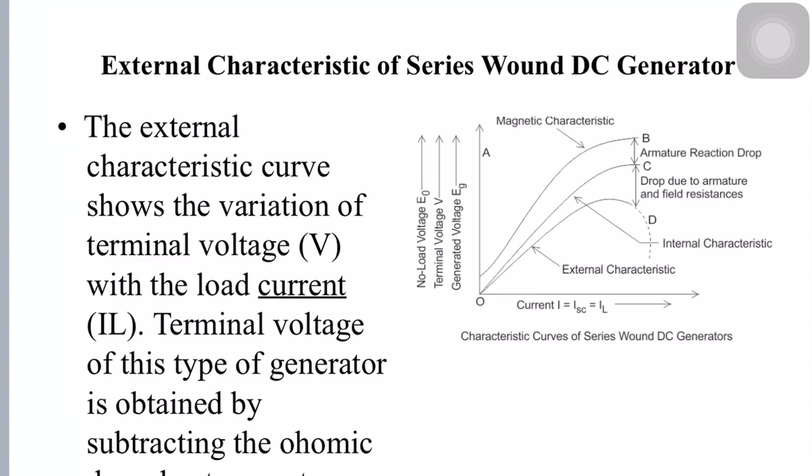But due to the saturation effect, there will be no further significant rise of magnetic field strength, hence no further increase in induced voltage. But due to this increased armature current, the effect of armature reaction increases significantly, which causes a significant fall in load voltage.